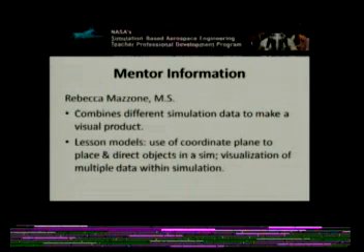Rebecca takes data to create an environment, to bring meaning out of it, and this inspired us to design our lesson around a video game. So we're modeling paths with linear equations through a video game simulation.